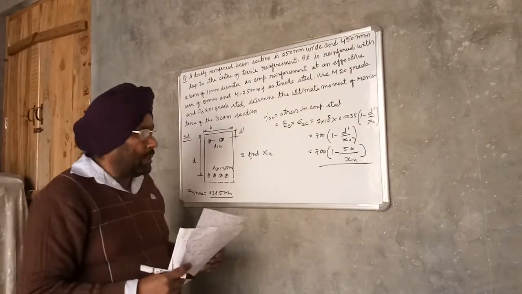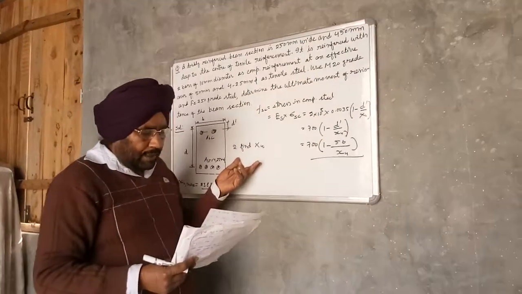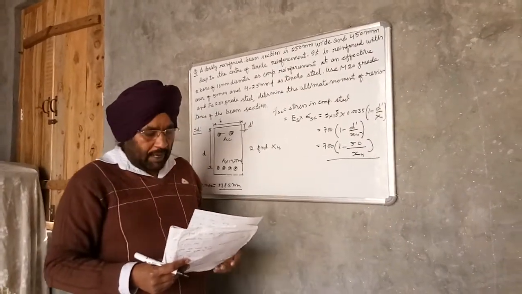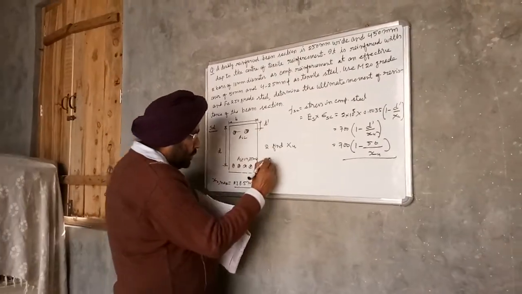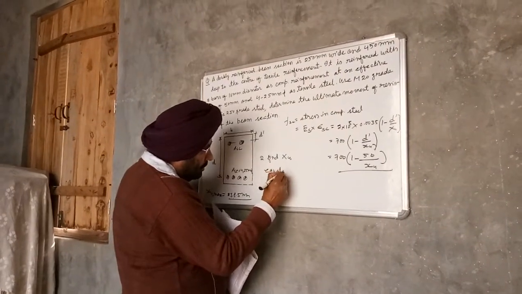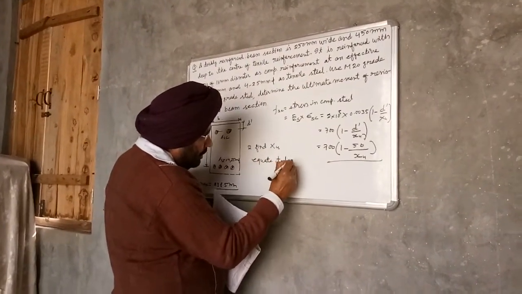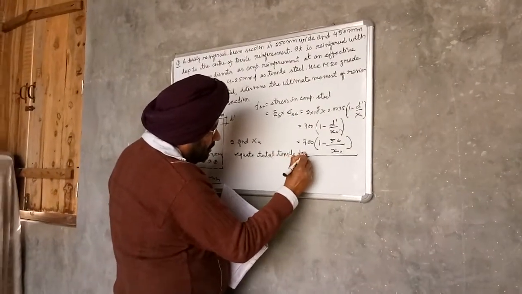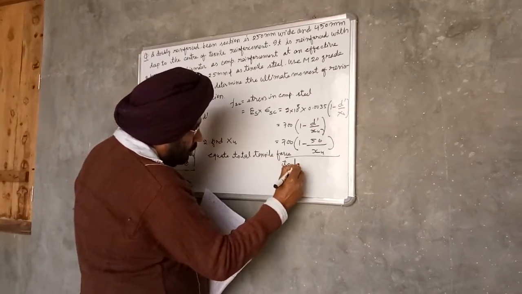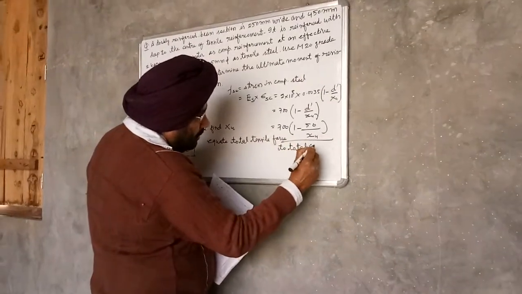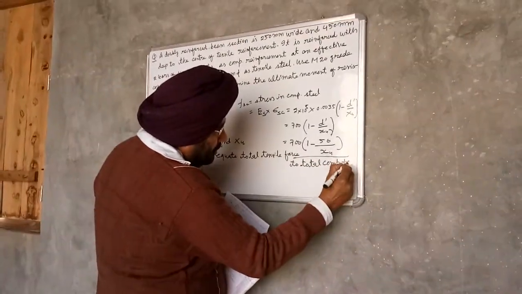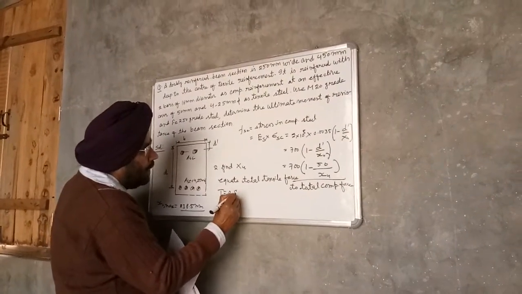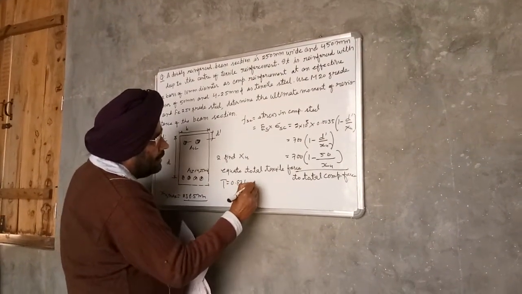The depth of the neutral axis is calculated by equating total tensile force to the total compressive force. Now total tensile force T is equal to 0.87 fy Ast.